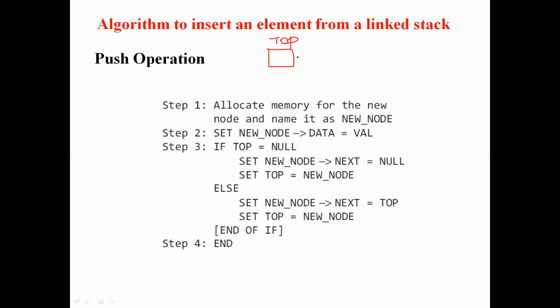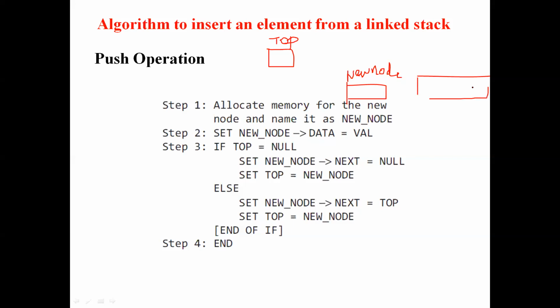Then you will call a get node function. The get node function will create a new node. The new node again is a pointer variable of data type struct node, which you all know very well.